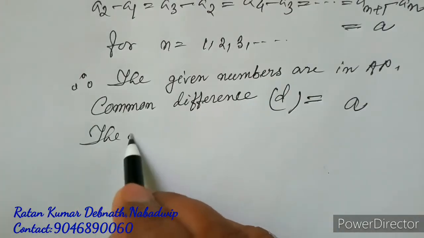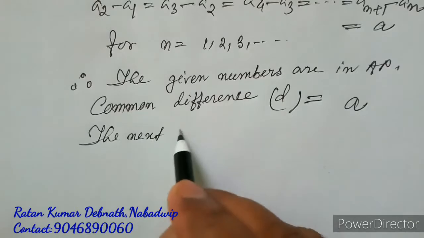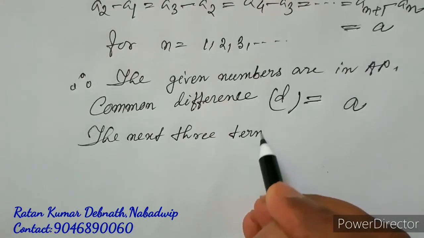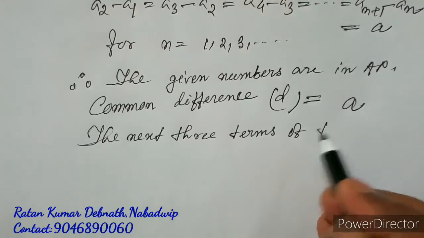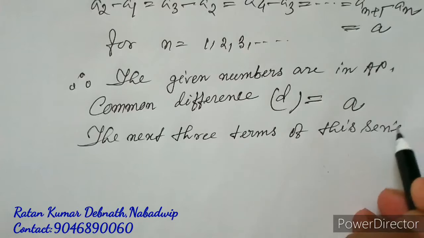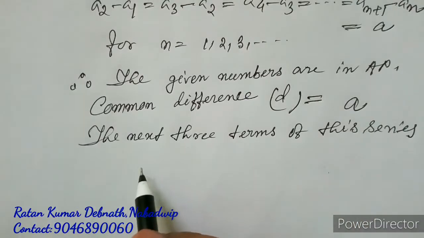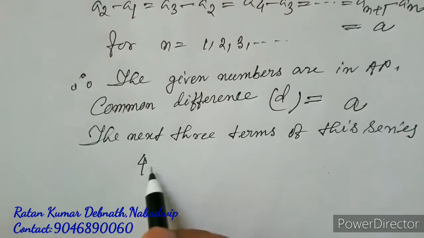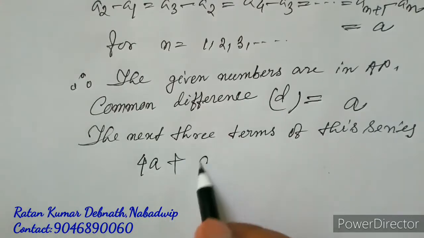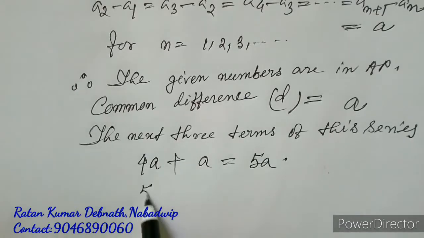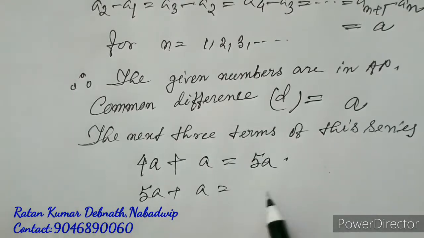The next three terms of this series: last term, that is fourth term, was 4a, plus common difference a, that is 5a. Next term 5a plus a means 6a.